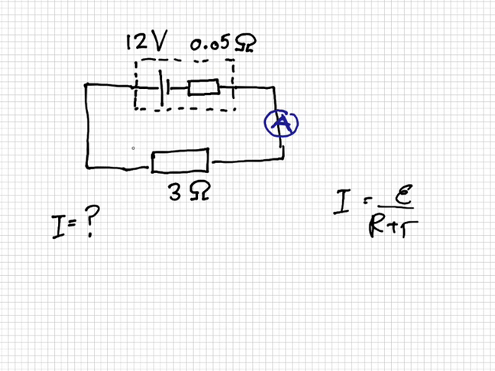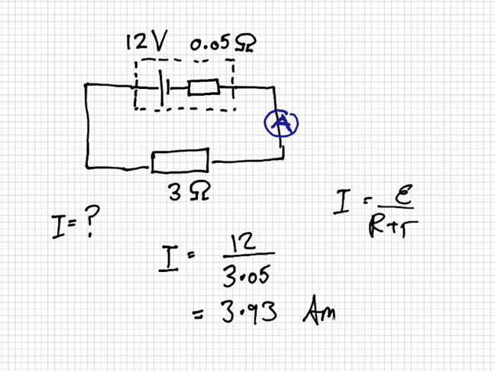Bad teacher. All right. So I equals 12 over 3.05, which is 3.93 amps. Sorry, we want to make sure we get this right.